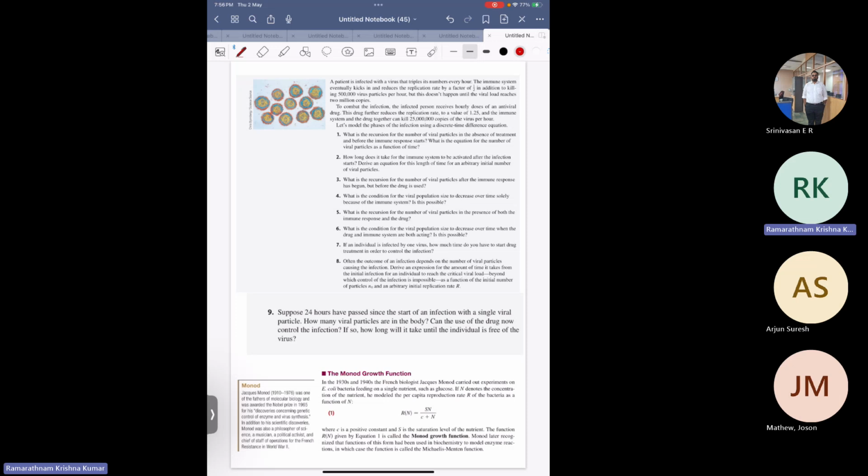It has come down from 1.5 to half. The replication rate is 1.5. Okay, so how will you write the equation?